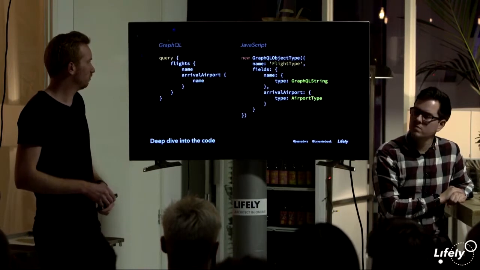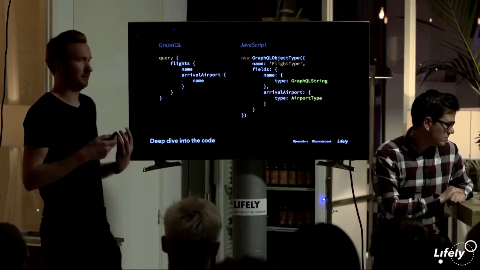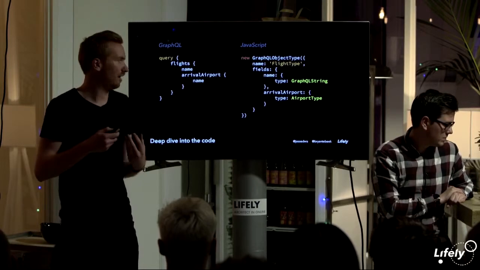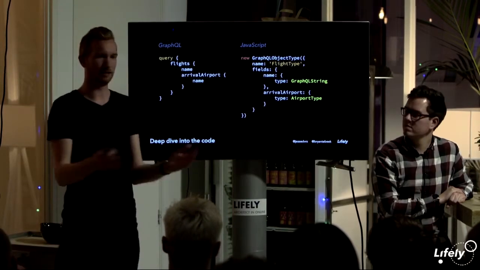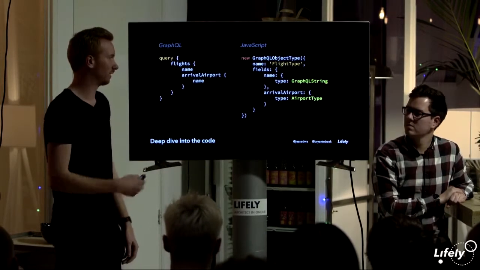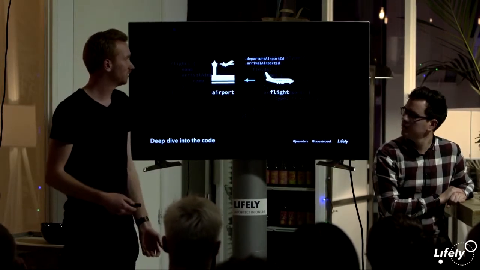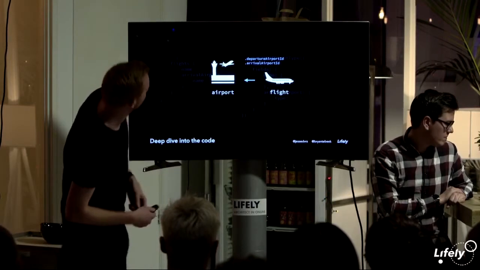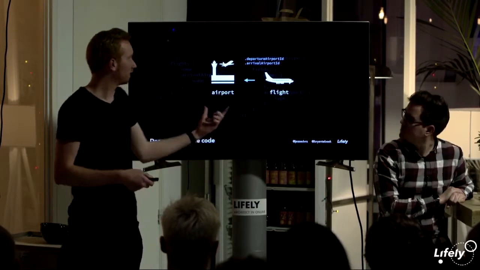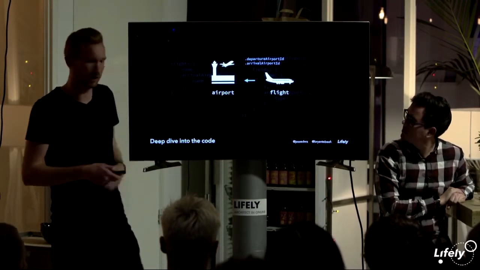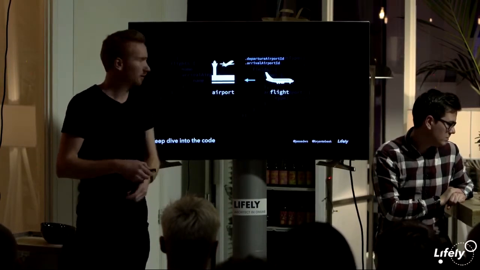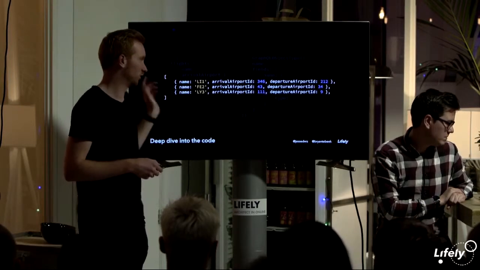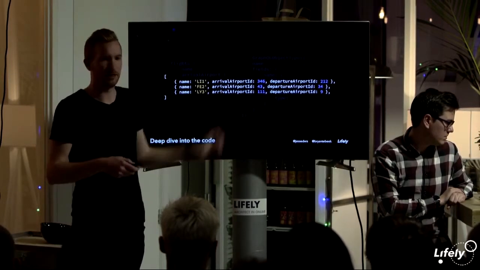Okay, but as I said, the arrival airport is not inside the flight object yet because only the ID is there. So I have to resolve it. As you see, the relationship, it's not really well readable, but it's actually a snapshot from an earlier slide: the relationship is through the arrival airport ID, and this was the object, and the arrival airport ID is in the object.